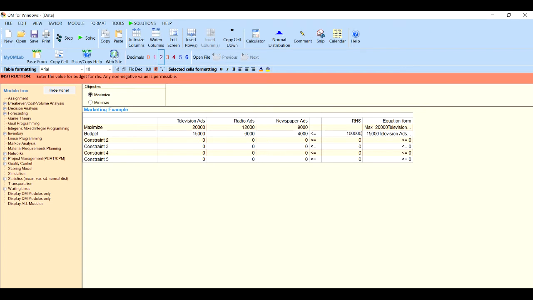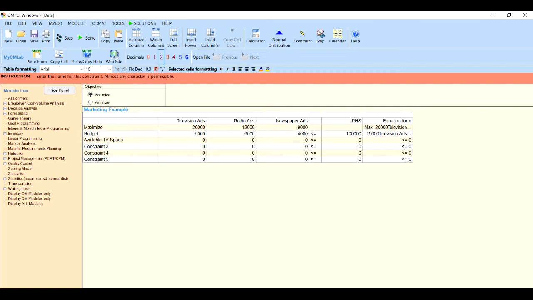Now, our second constraint we'll label available TV space, because our TV stations that we can advertise with do not have an unlimited number of spaces available for our advertisements.